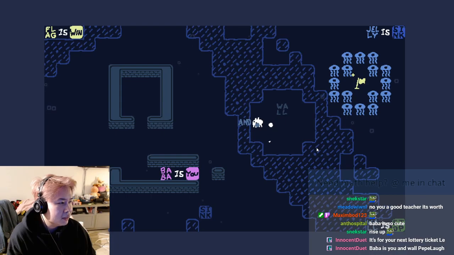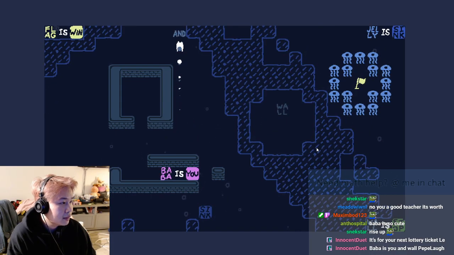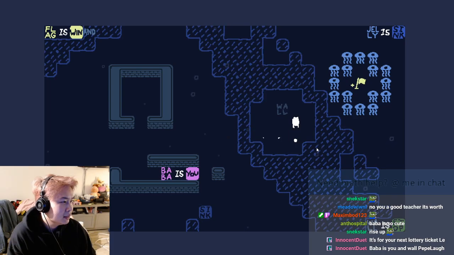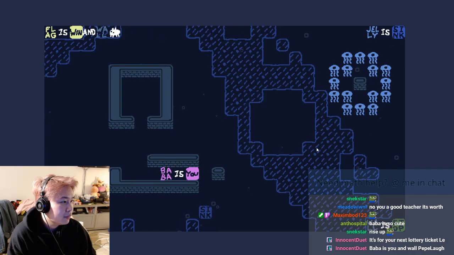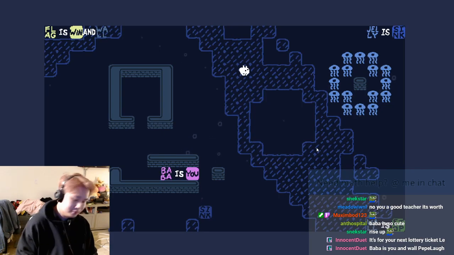What happens if I make the flag is the win, and I make the flag the wall. So now the flag is a wall, and that doesn't do anything.